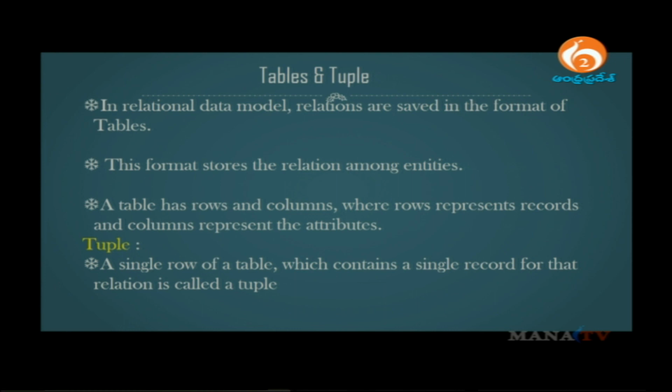Okay. Now let me give you a clear idea of what tables and tuples are. A table is a format in which relations are stored. By default, a table itself consists of some specific rows, nothing but horizontal lines. It consists of some specific vertical lines. We usually call them attributes. So attributes are referred to as the columns, and rows will be represented as records.